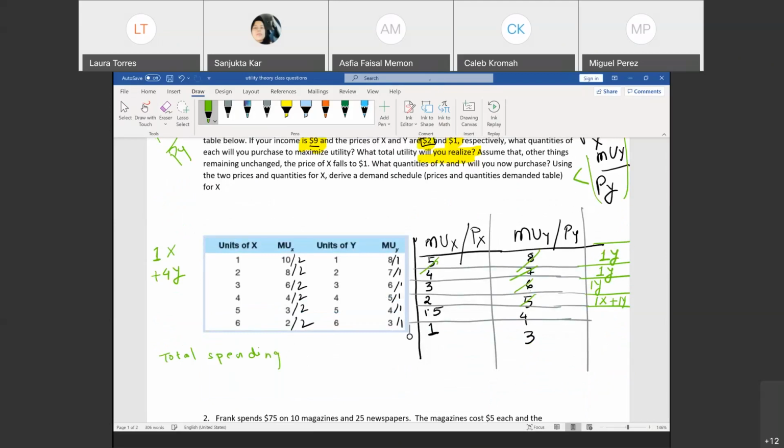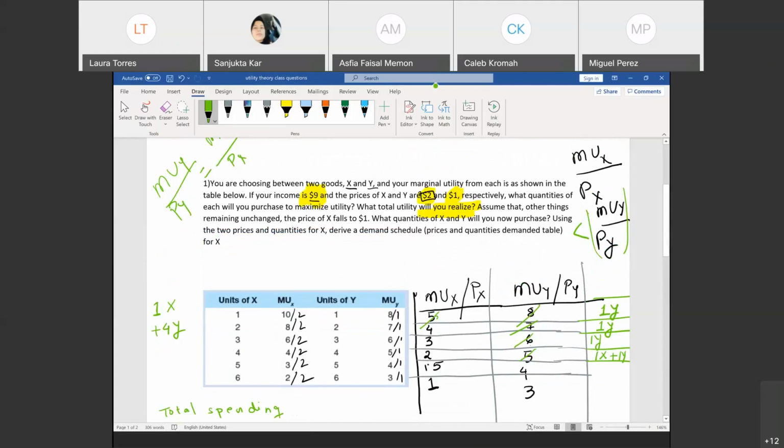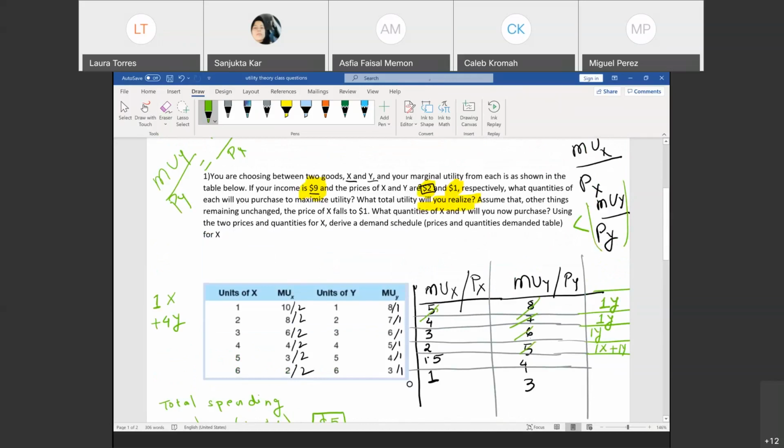I just bought 1 unit of good X and the price of good X is $2, plus 4 units of good Y. Price of Y is $1. So basically I spent $5 so far.